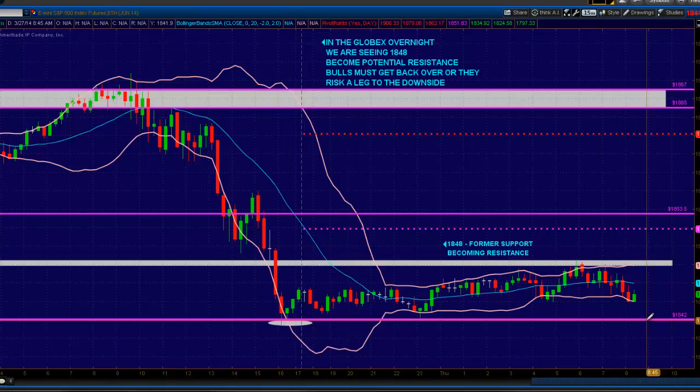Now, before we get ahead of ourselves, we're talking about the bears here. We're talking about the bears executing on a pattern, and we're talking about the bears executing in general, which has not been a very winning proposition over the last 18, 24, you could argue the last 48 months. So, control your size, control your risk, and understand that if we overshoot 41 and we get price rejection, chances are the bears are going to head for the hills, they're going to run for cover, and the bulls are going to take this thing right back up.